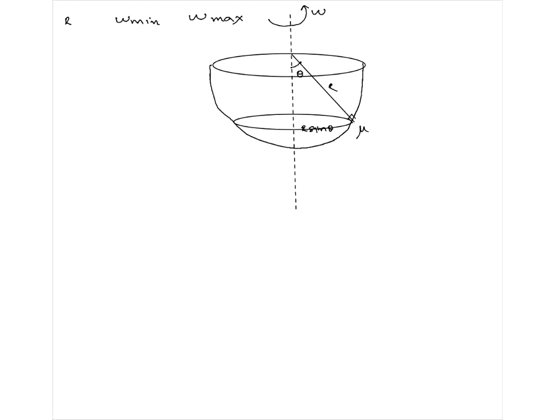Therefore, the centrifugal force would be m times radius into omega square. Omega is same for everybody, that you must understand. When a ball rotates like Earth rotates, everybody takes 24 hours to complete one full circle.